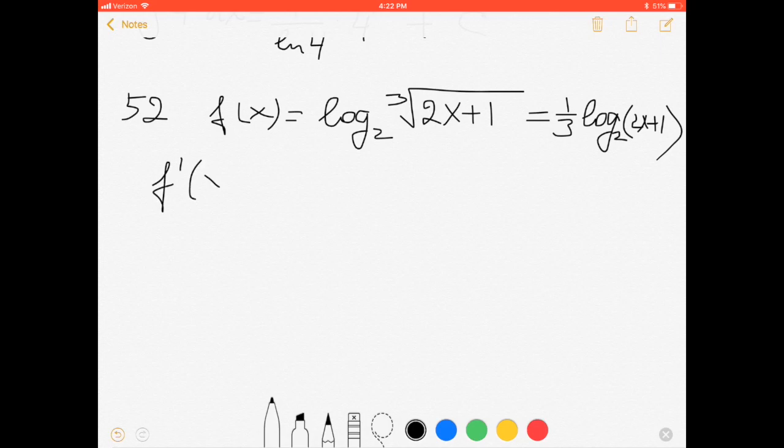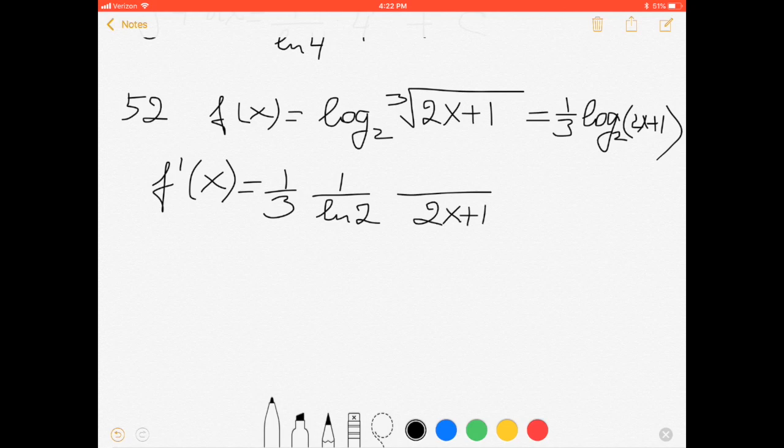The derivative now equals 1/3, the coefficient stays here, times 1 over natural log 2. Then I have a fraction whose denominator is 2x plus 1, because inside the log we have 2x plus 1, and the derivative of 2x plus 1 is 2.